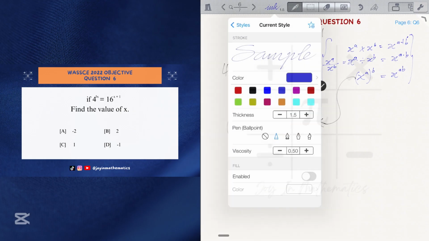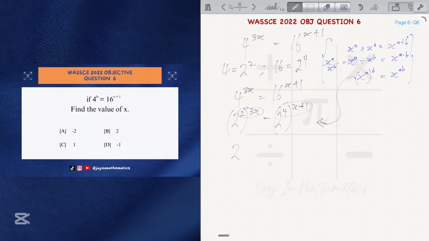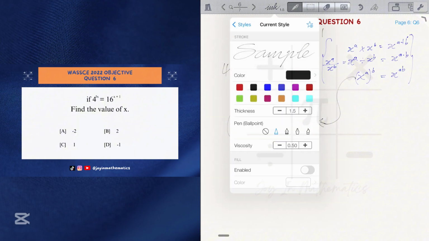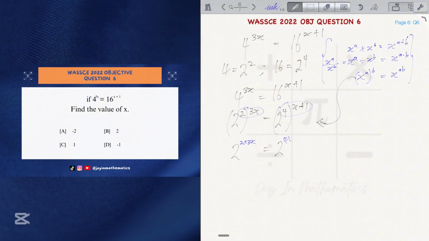So doing this, we'll have 2 raised to the power of 2 multiplied by 3x is equal to 2 raised to the power of 4 multiplied by x plus 1. This will result in 2 raised to the power of 6x is equal to 2 raised to the power of 4 into x plus 1.